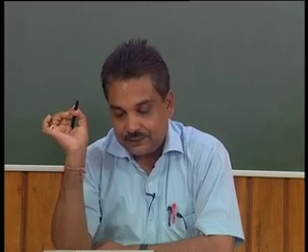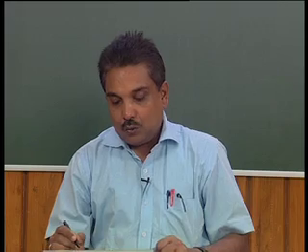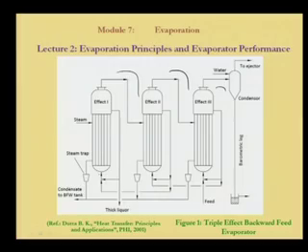What I was trying to say is that in case of backward feed, suppose the feed is cold. In case of forward feed, the feed will be placed over here. In case of backward feed, the feed is placed over here. If the feed is cold, boiling will be at a lower temperature. So, I have to give a lesser amount of energy as sensible heat for this feed to reach the boiling point.